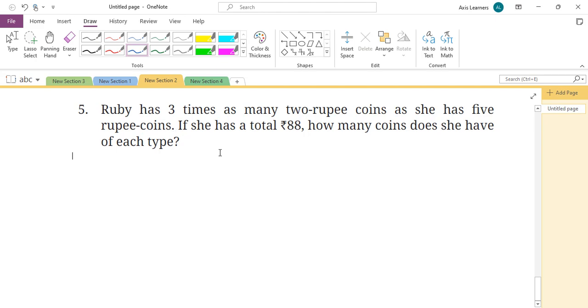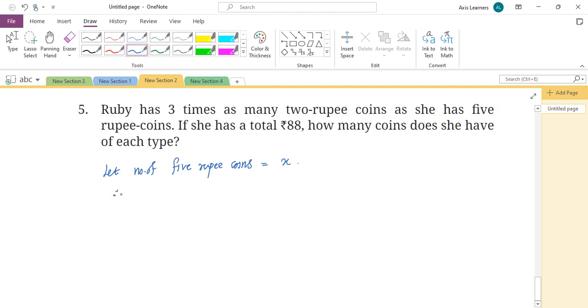Okay, so already I told you, no. She is comparing her number of 2 rupee coins with 5 rupee coins. So we can take the number of 5 rupee coins as x, so that it is easy to write the remaining. Okay, let the number of 5 rupee coins equal x.